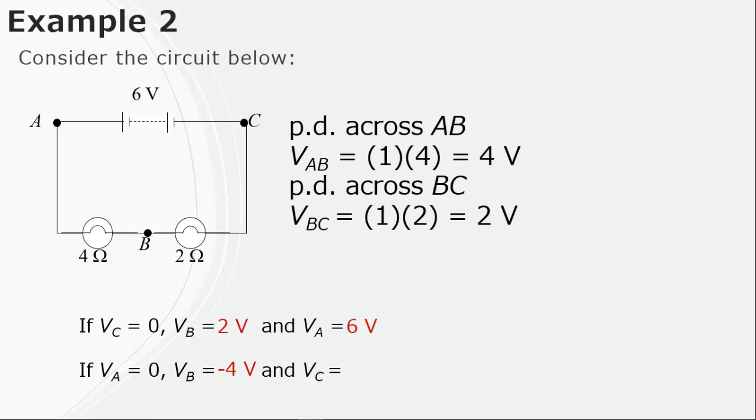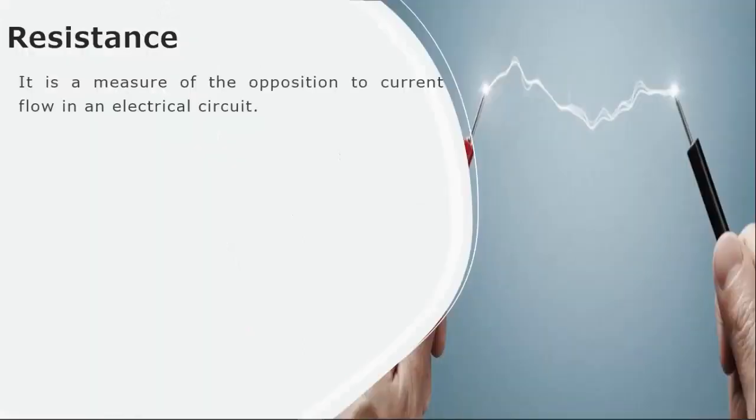On the other hand, if the voltage drop at point A is 0, the voltage drop at point C is negative 6. Since we are talking about resistances on these loads, what is a resistance?